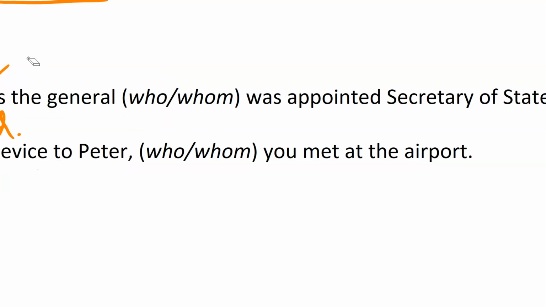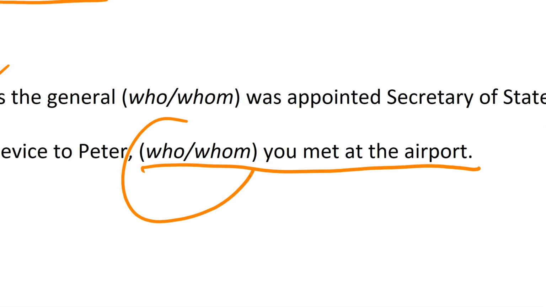Get rid of all this stuff to make sure we're looking at this carefully. What is the subject of this subordinate clause? Well, it's not going to be one of those two words. It's clearly going to be you. The verb is met, at the airport is a prep phrase. So if I was to reorder this clause, it would be you met who or whom at the airport.